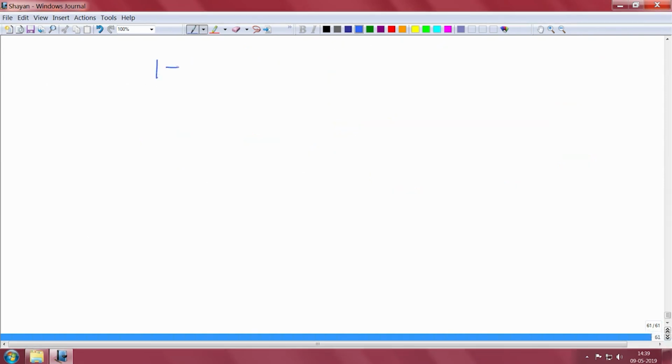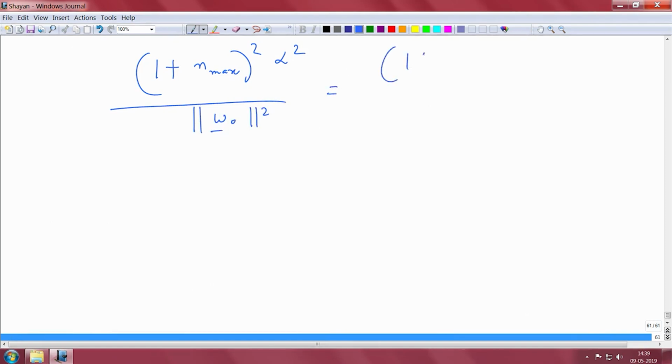So, 1 plus n max squared times alpha squared upon norm of w 0 squared must be equal to 1 plus n max times beta.